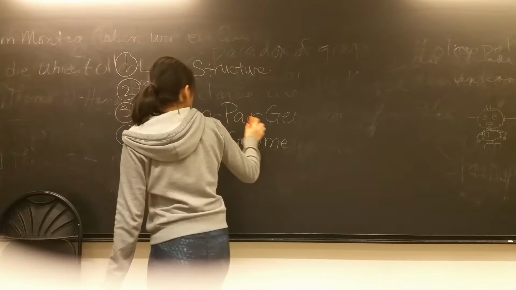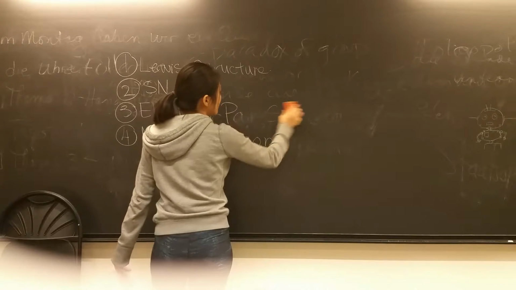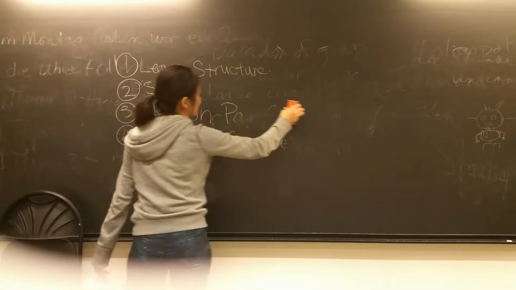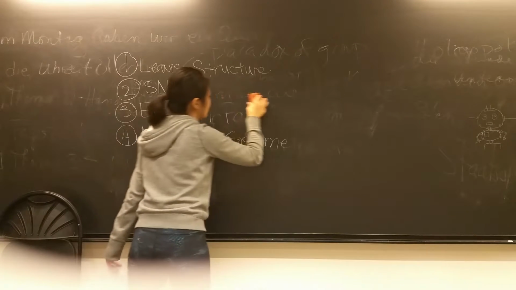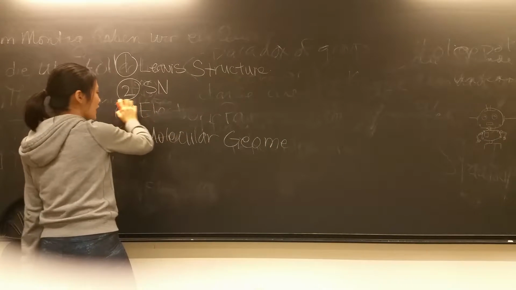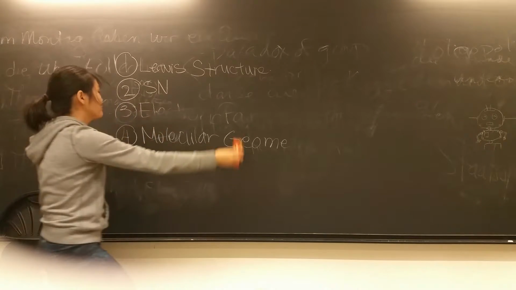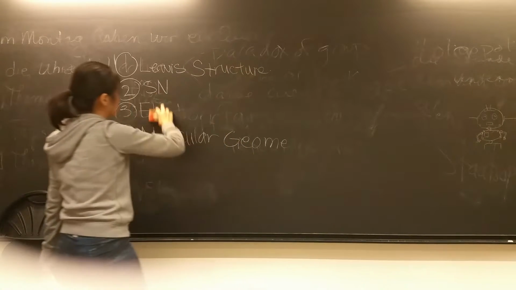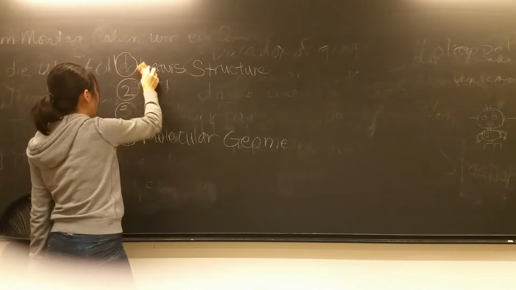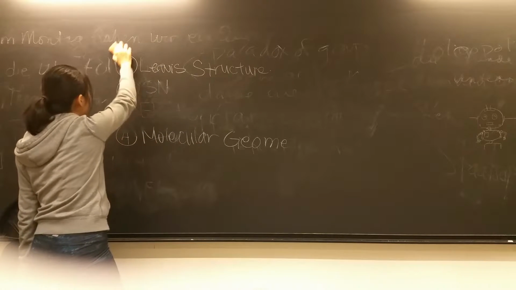And for electron pair geometry, it really doesn't matter. It just matters how many steric numbers you have, and then you get a generic way to draw the electron pair geometry.